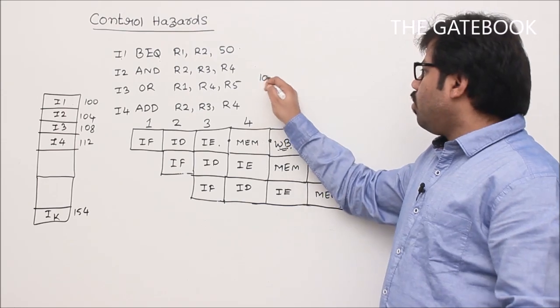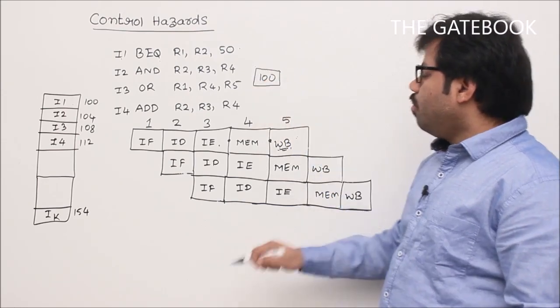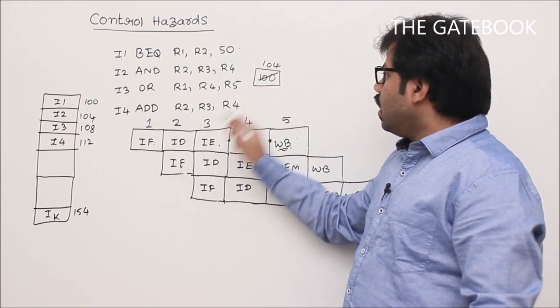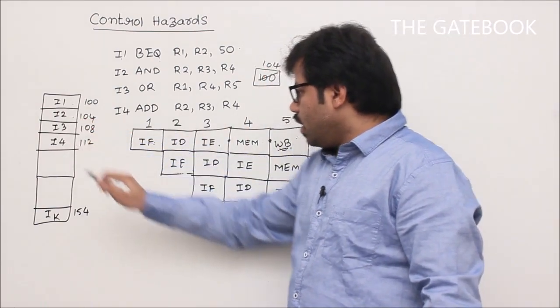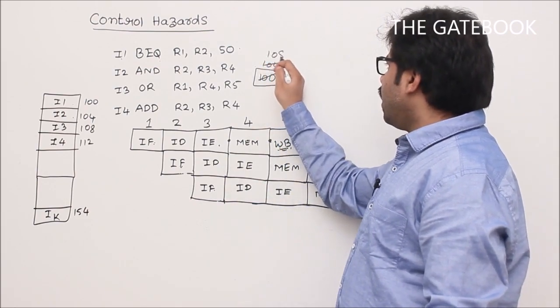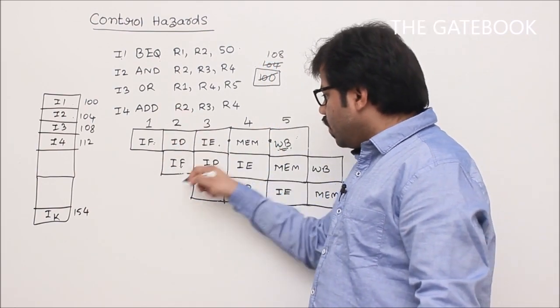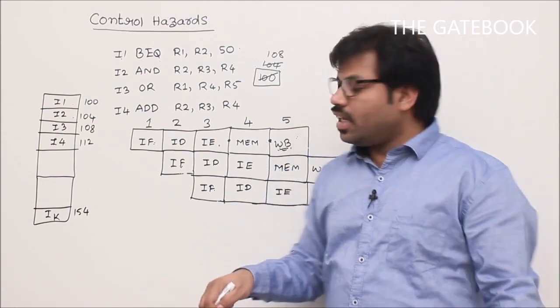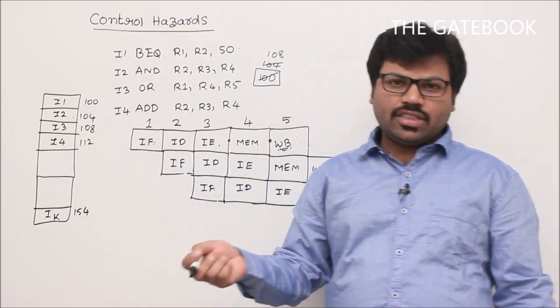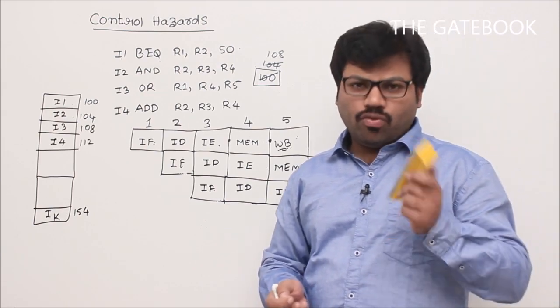Example, the program counter is initially at 100. Because of this fetch, it will become 104. Then when you fetch, it will fetch this one. In the third clock cycle, this fetch will fetch the instruction at 108, because in every fetch stage the program counter is incremented by 4 so that the next instruction will be executed. That is the model we were following.